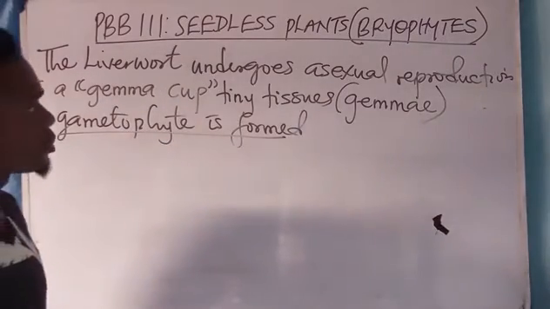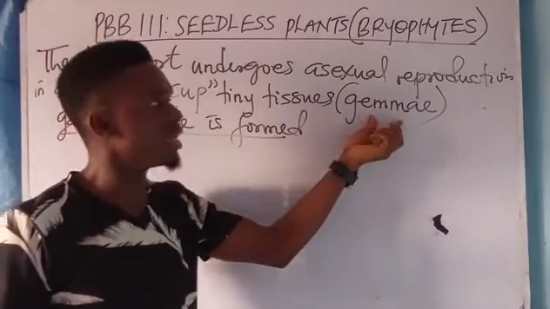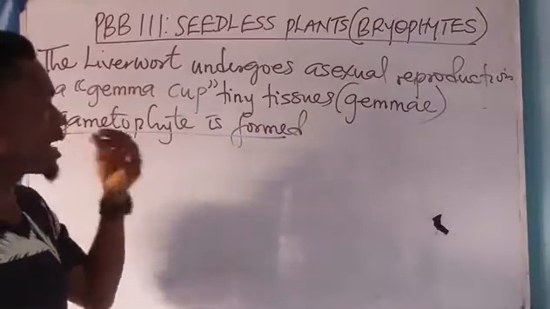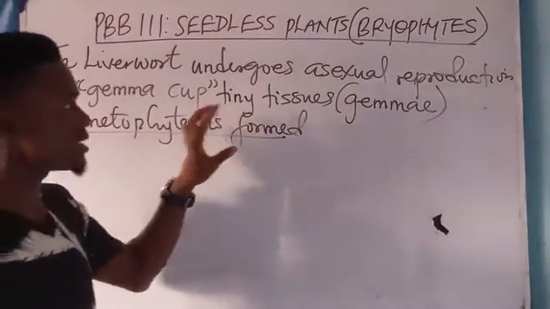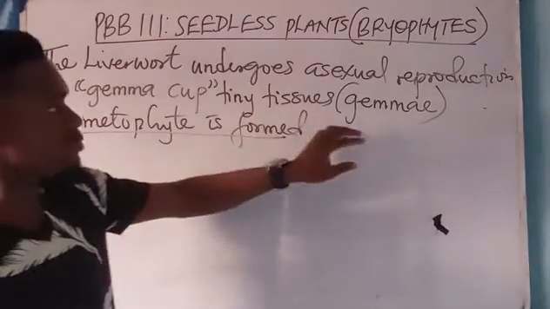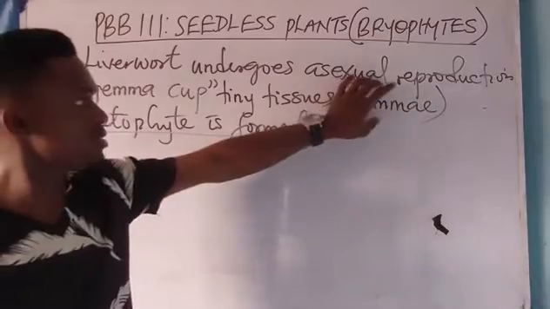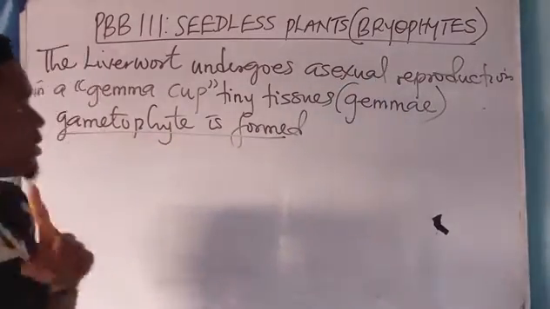Asexual reproduction occurs in the germ cup. The germ cup has tiny tissues called what? Gemmae. Now for the gemmae to fall off from this germ cup, there has to be what? Rain or what? Dew. When dew or rain enters into this germ cup, it triggers the loosening of these gemmae to produce a gametophyte stage.